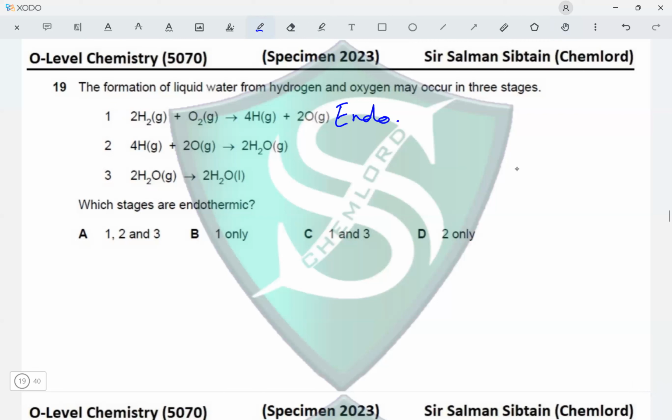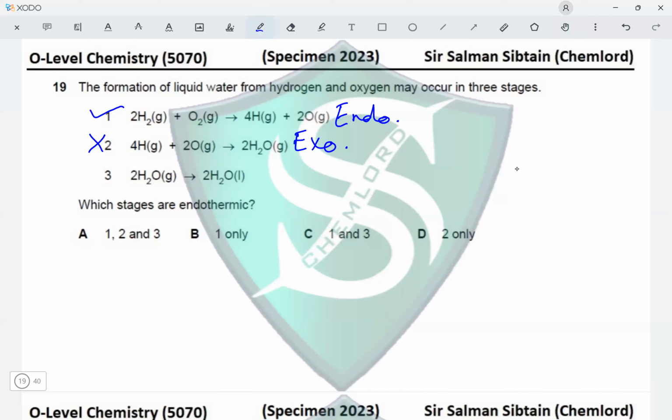So stage 1 is endothermic. Stage 2 has gaseous atoms joining together to form a molecule of a gas. So in this case, we have bond formation taking place. Bond formation or bond making is an exothermic process. So in this case, energy is being given off. So stage 2 is not endothermic.